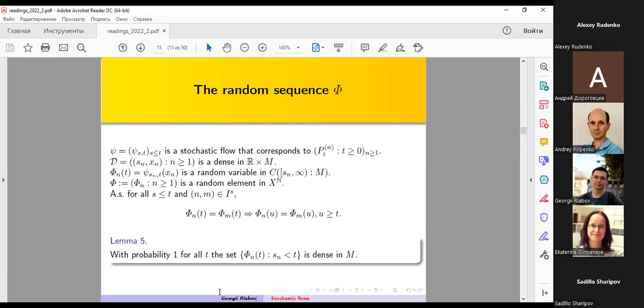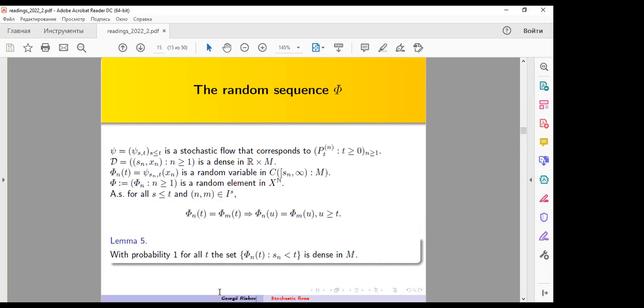Also, we can show that with probability 1, the values of phi n that started before time t form a dense set in M.